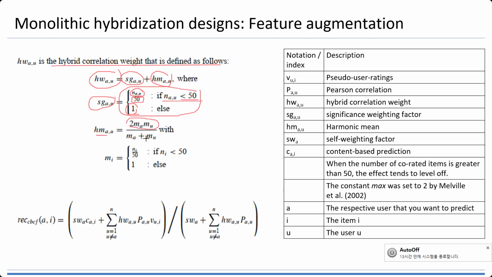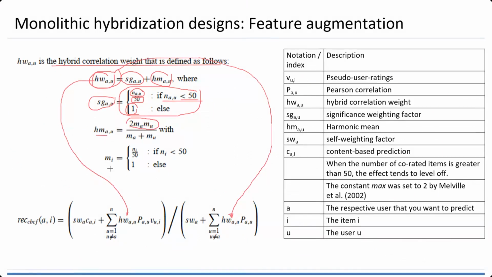Okay, so we will check this one. After you have this HW, you can put the HW here, and then we can do the recommendation of Alice on item I.